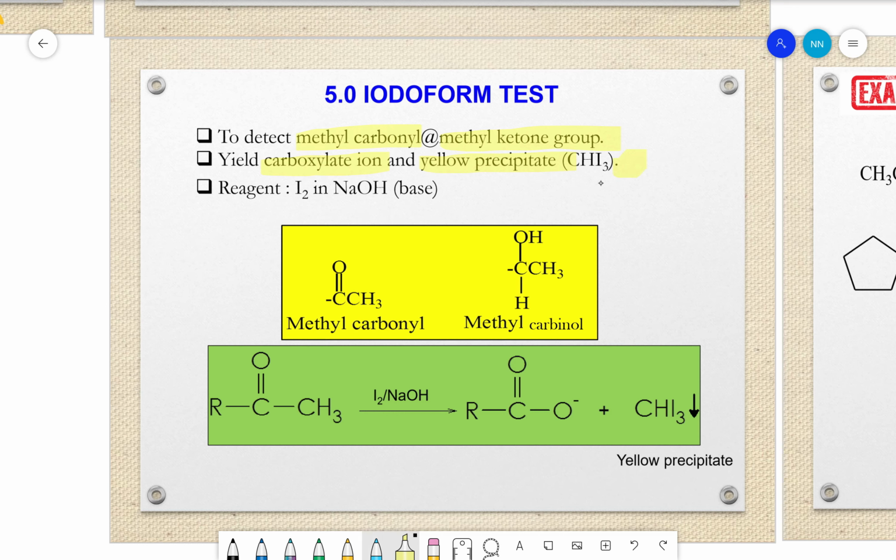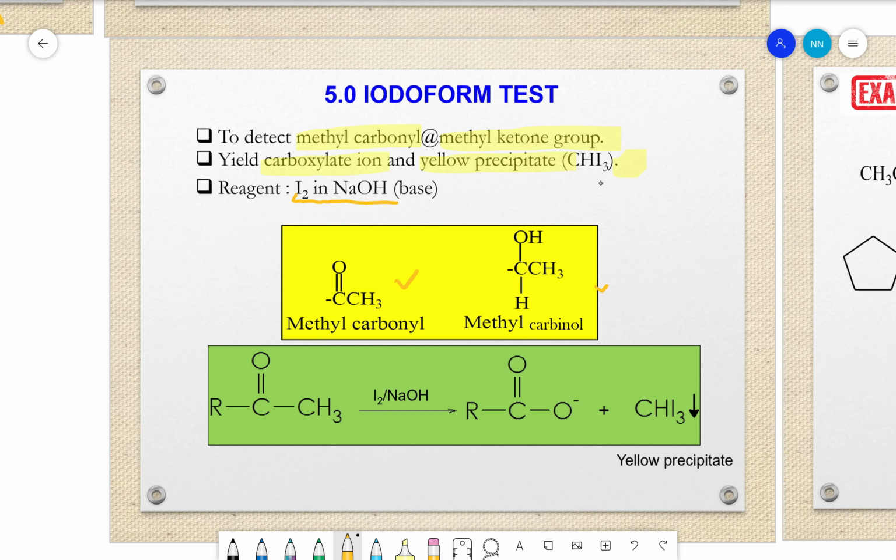The reagent used is similar to the one you learned in the alcohol iodoform test, which is I2 in sodium hydroxide.